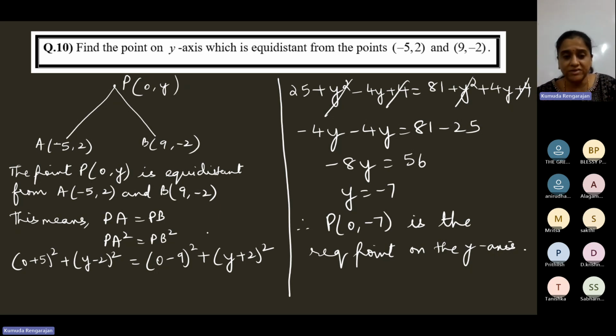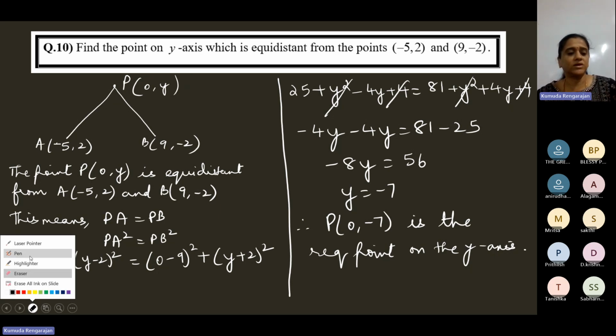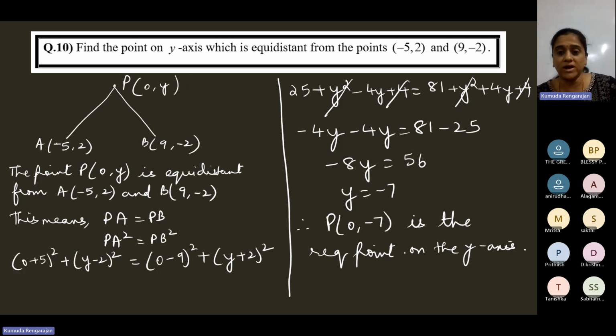You should write that first. Then squaring on both the sides, PA square is equal to PB square. And after that, it's very simple. Just use the distance formula, get an equation. You're able to work and find the value of y, and hence you find the point.